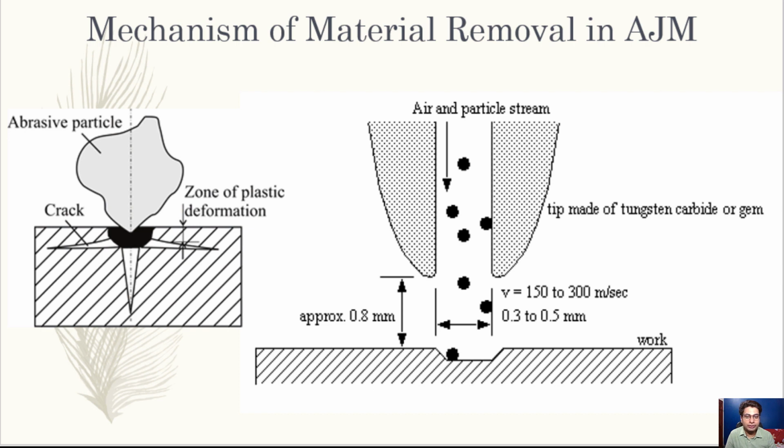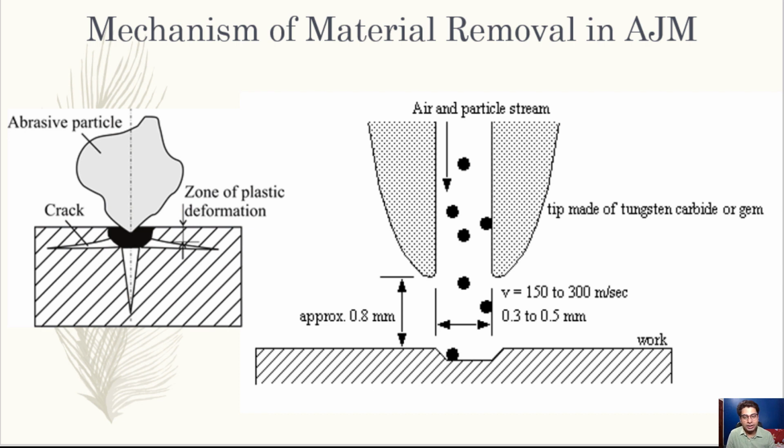AJM is different from shot or sandblasting, as in AJM finer abrasive grades are used and parameters can be controlled more effectively, providing better control over the product quality. The impingement in AJM is also better compared to the sandblasting method.